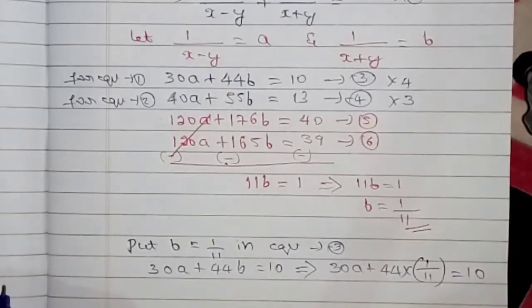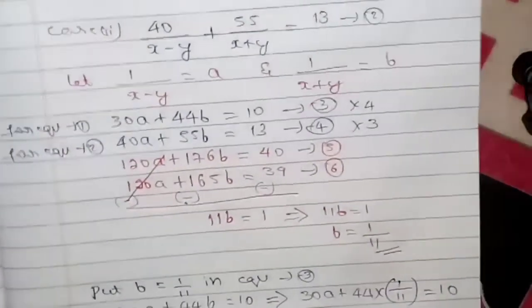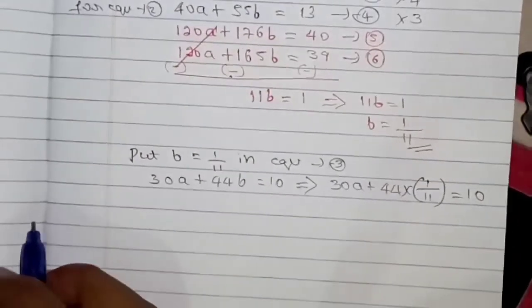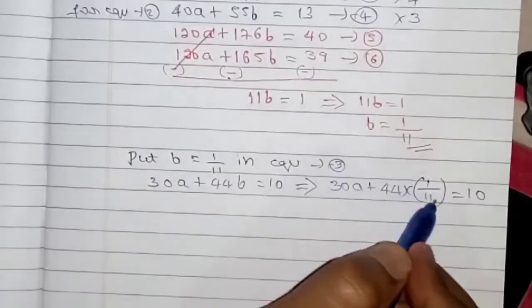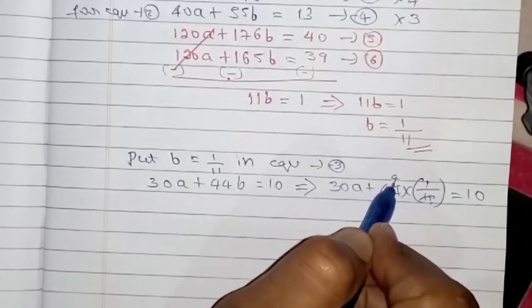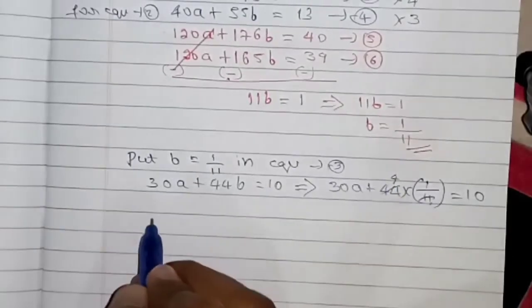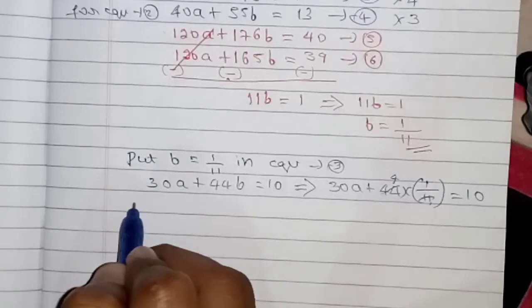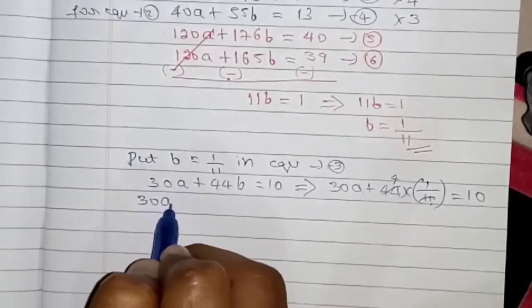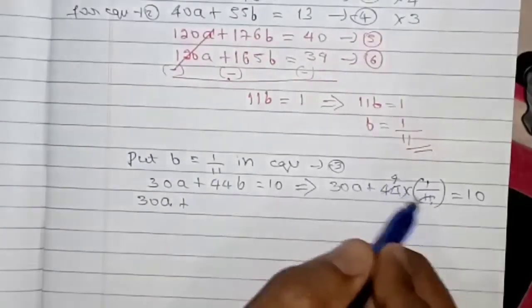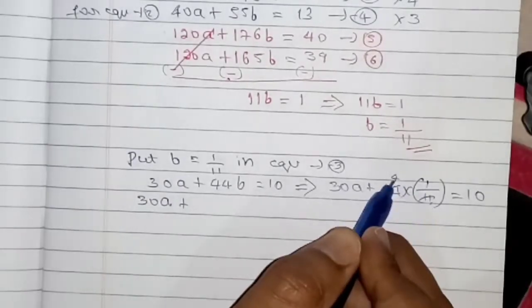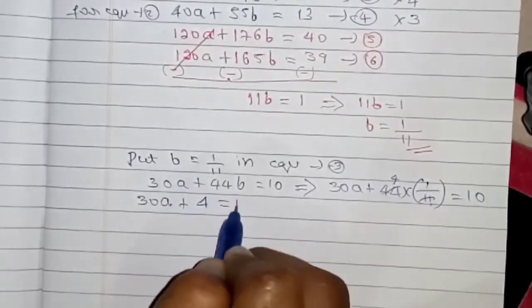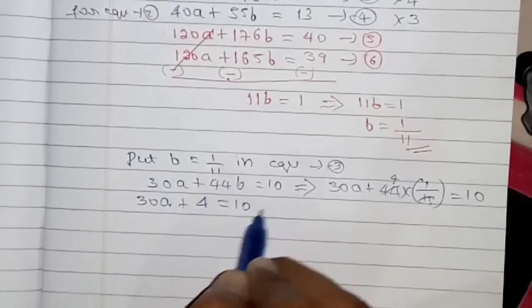Okay, so now here 11, make a cross multiplication, 11 ones are 11, 11 fours are 44, right? Now what is the remaining? The remaining is 30a plus 4 is equal to 10. Now send the 4 to the right hand side.